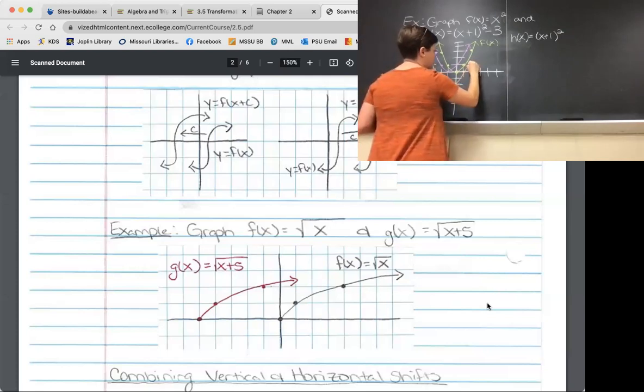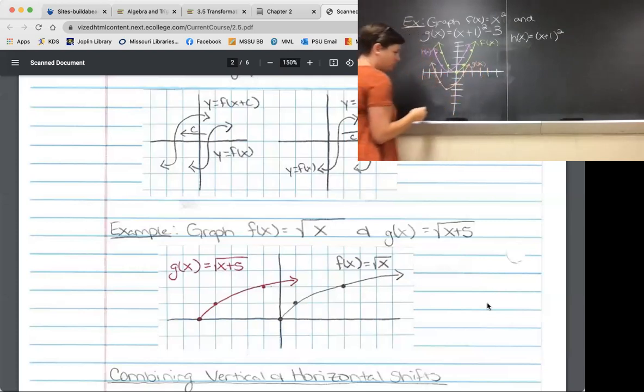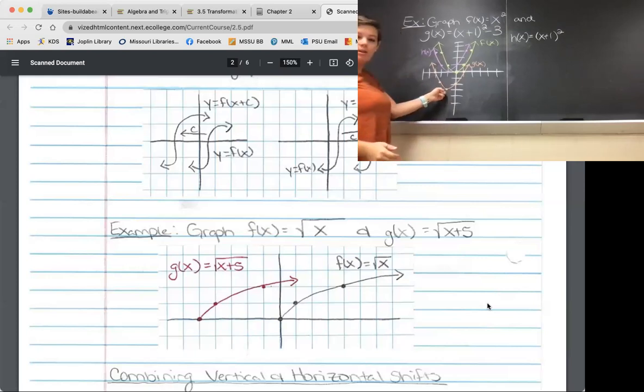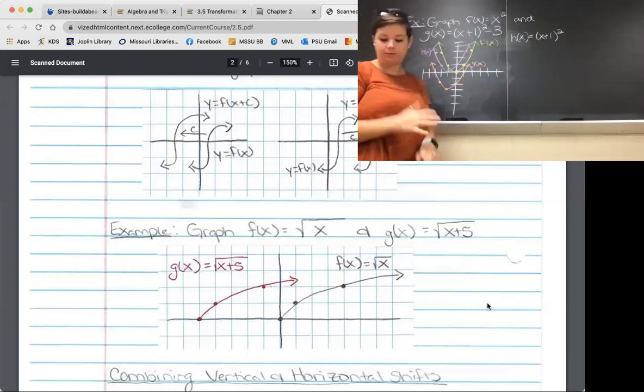So this bottom one, or this orangey, peachy one, is my g of x. That's the final one. So from going from yellow to orange, I shifted to the left one, and then I shifted down 3, and I get to this final one.